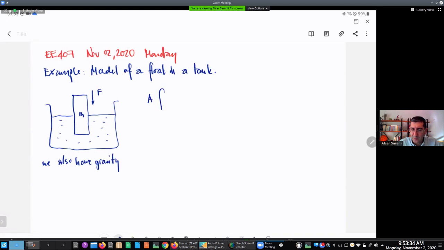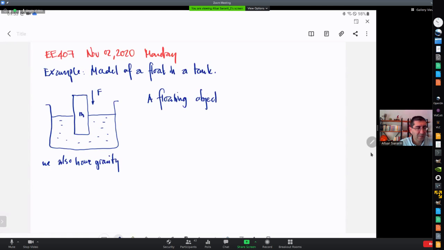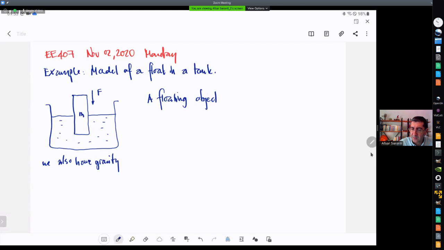So we have a floating object. The floating object has a cylindrical shape with radius r, and mass m.